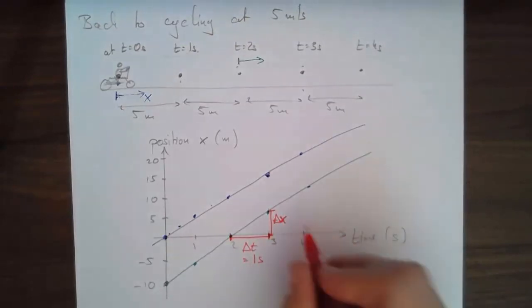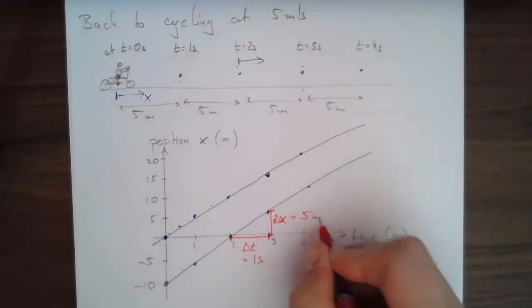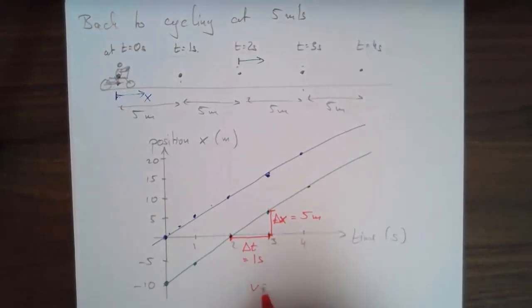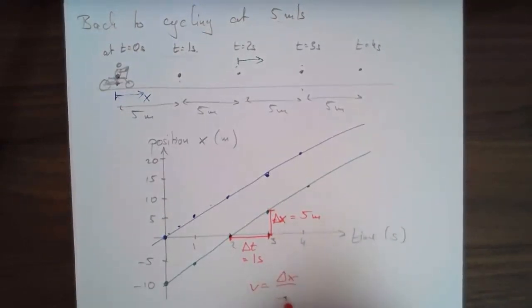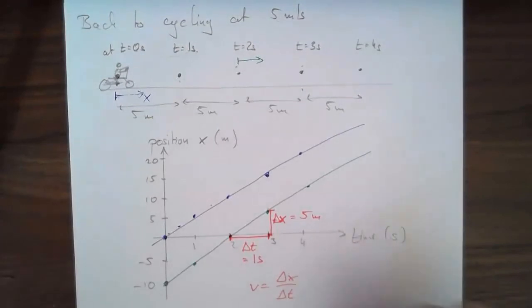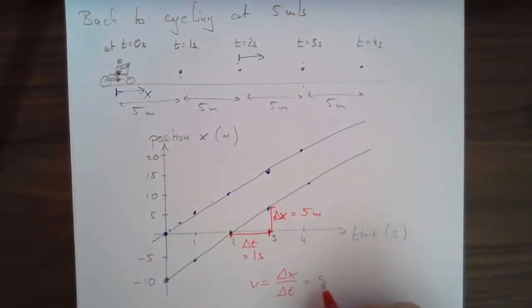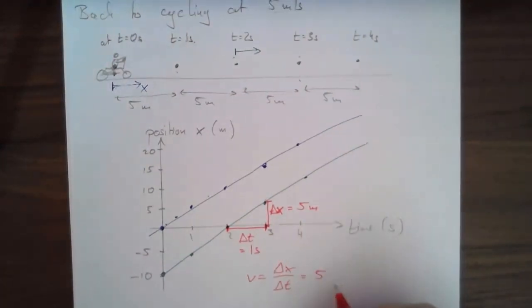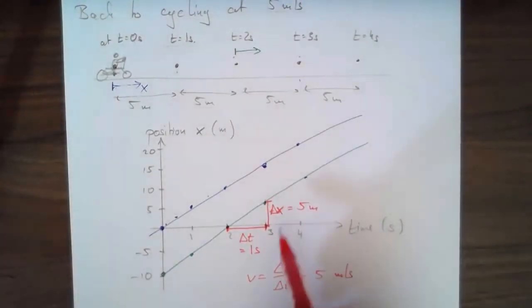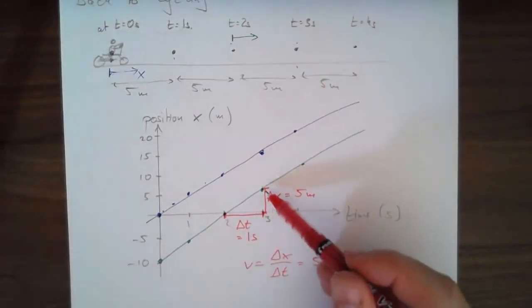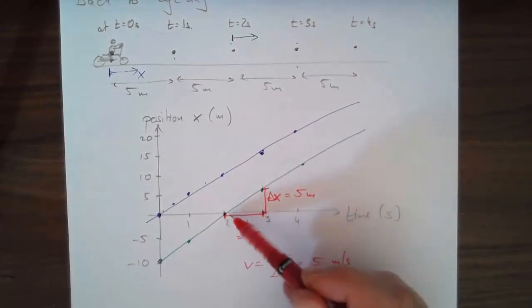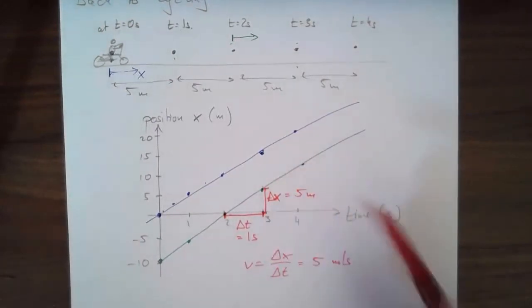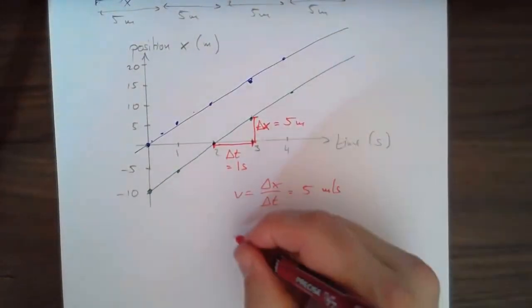Here, the distance traveled is 5 meters. So indeed, my speed is displacement per time, 5 over 1. It's 5 meters per second. Now, graphically, of course, you might call this rise over run, and so the velocity here is just the slope.